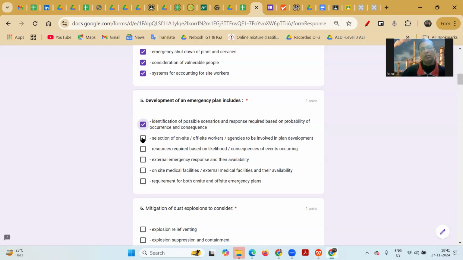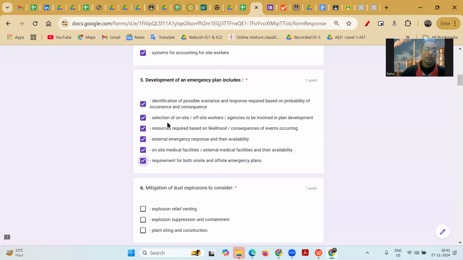Yes, selection of on-site and off-site workers, resources required based on the likelihood and consequences of events occurring, external emergency response and their availability also to be considered, and on-site medical facilities and external medical facilities also will be considered. Requirement for both on-site and off-site emergency plans also will be considered. So we have to see the nature of our industry, whether this part is required or not.